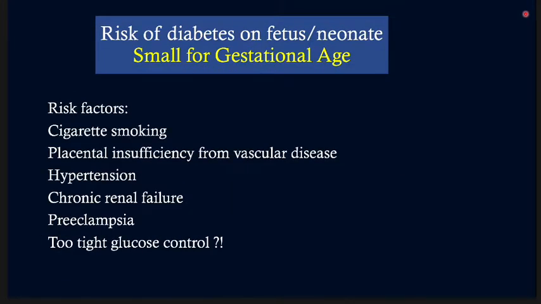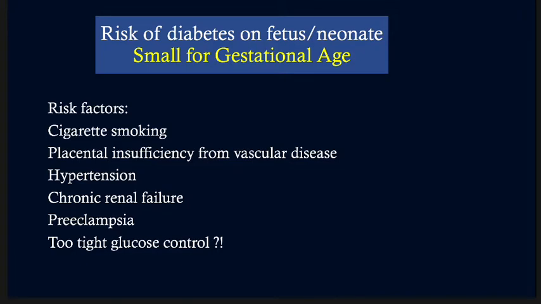And don't forget that patients who have especially pregestational diabetes mellitus might be at risk of developing small for gestational age babies. These are patients who have microvascular disease, who usually have multi-organ failure, or certain organ failure, so placental development could be disturbed or altered.